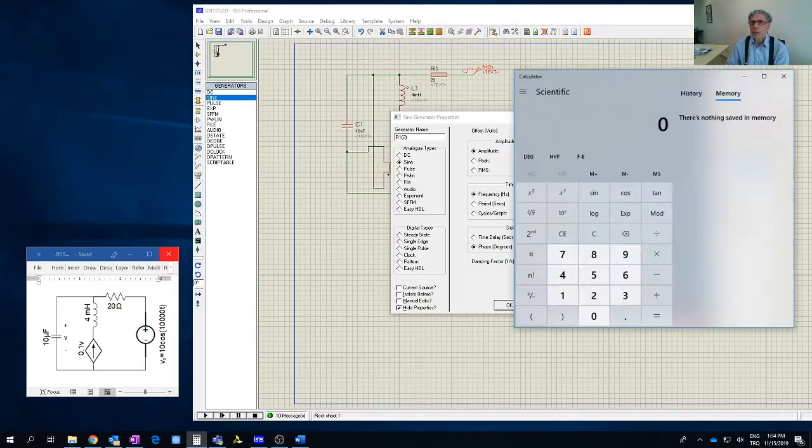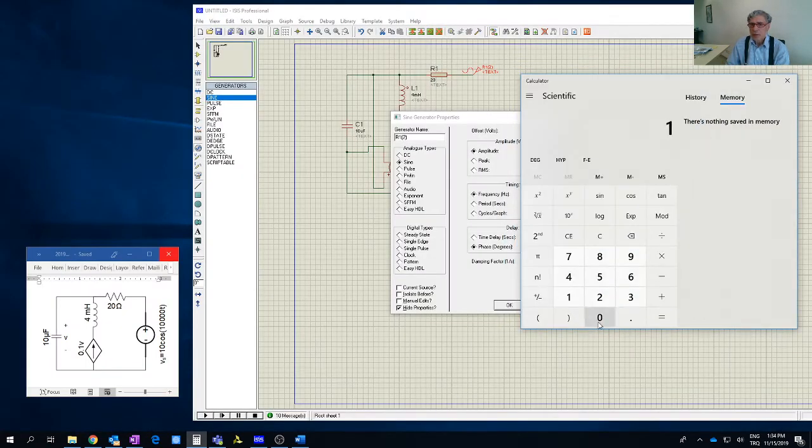So I'll show it now once again. 10,000 divided by 2 equal to this. Once again divided by pi is equal to this. 1,591, isn't it? So that means 1.6 kilohertz.